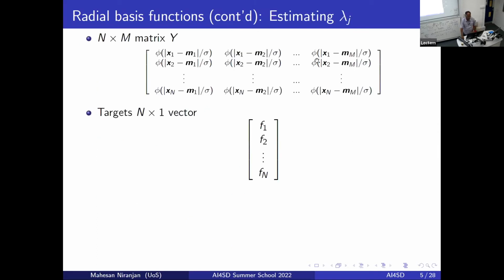That's the important part. So what I'm going to do is you gave me n data, yeah, with inputs as x1, x2 up to xn. And you asked me to model this by a radial basis functions model, which has capital M basis functions. Yeah.